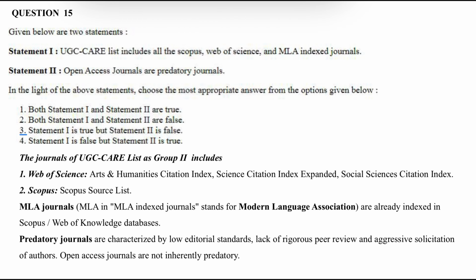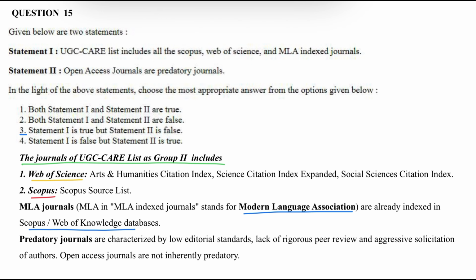The journals of the UGC CARE list as Group 2 include Web of Science, Arts and Humanities Citation Index, Science Citation Index Expanded, Social Sciences Citation Index Expanded, Scopus, Scopus source list, and MLA journals, that is Modern Language Association. These are already indexed in Scopus or Web of Knowledge databases.